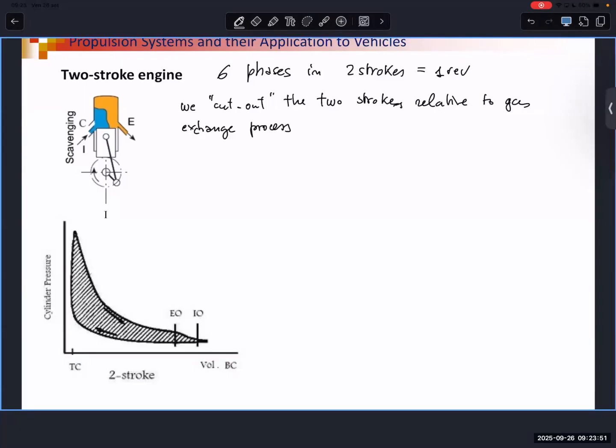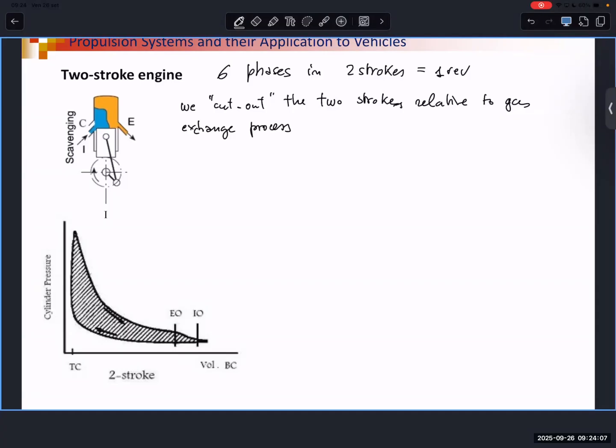So the strokes relative to intake and exhaust that were used to replace the fresh charge with the exhaust gas are here neglected, not considered.